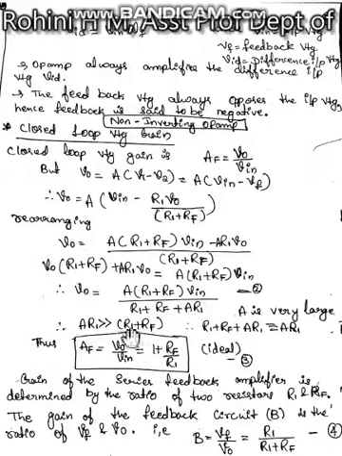RF by R1. So if we write in terms of feedback, Vout is equal to Vin, sending that to the left side, AF is equal to Vout by Vin, which is 1 plus RF by R1. Next we will write the feedback circuit gain as B.